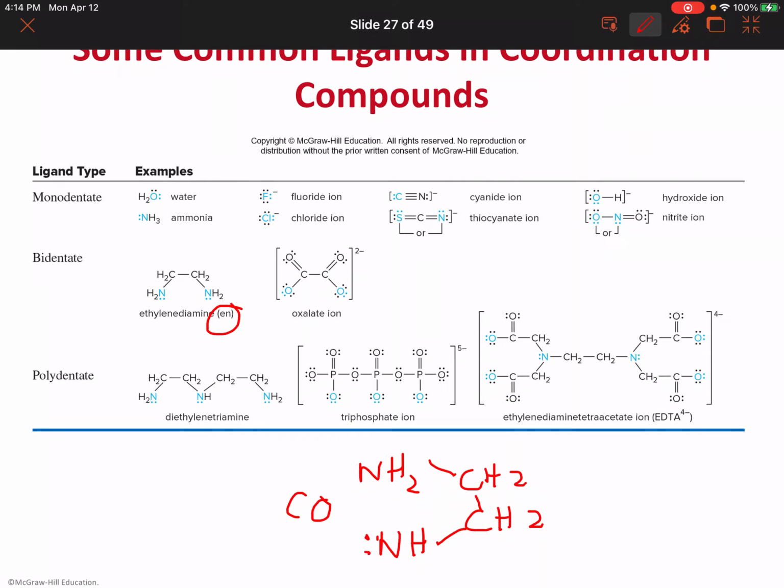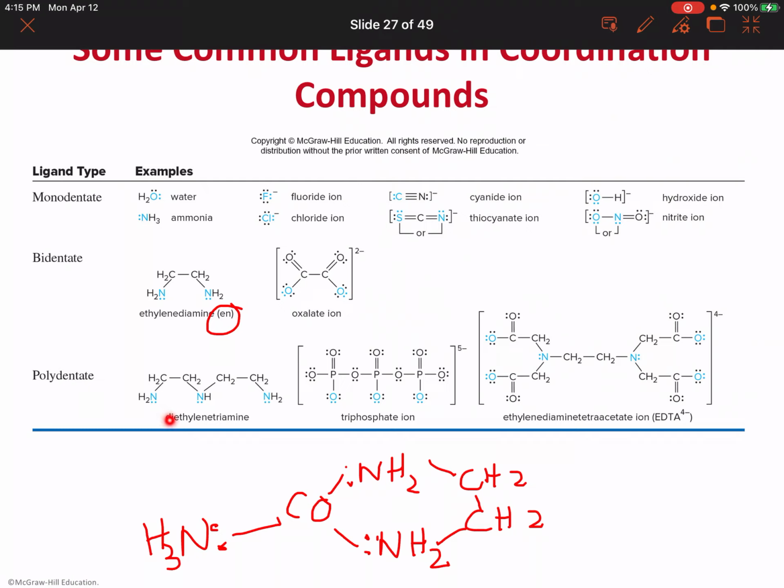So this nitrogen can coordinate like this. So it's a bidentate ligand. And if you have ammonia, NH3, it has only one side, it can coordinate like that. And the polydentate ligands are that you have more than two.